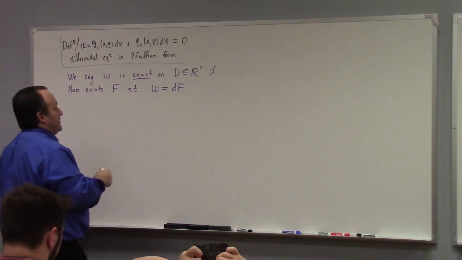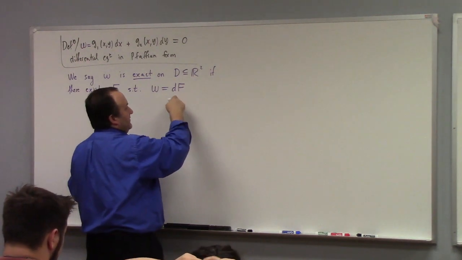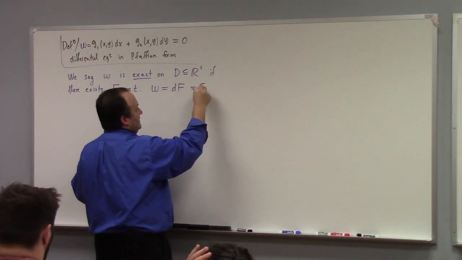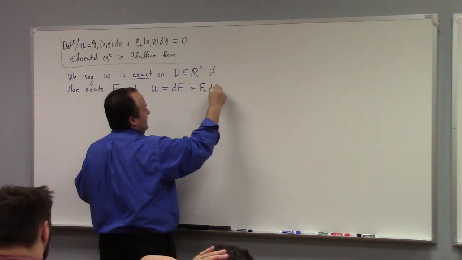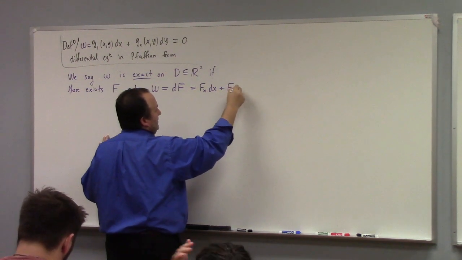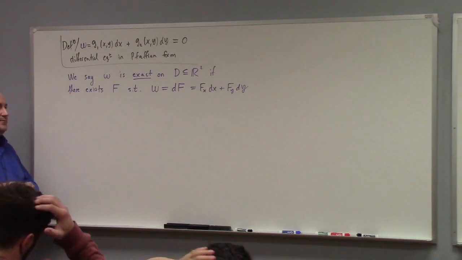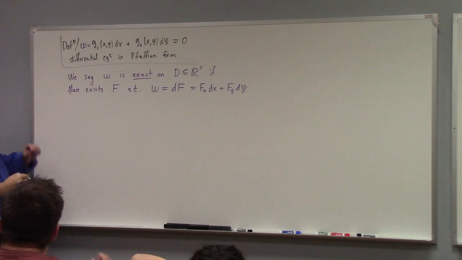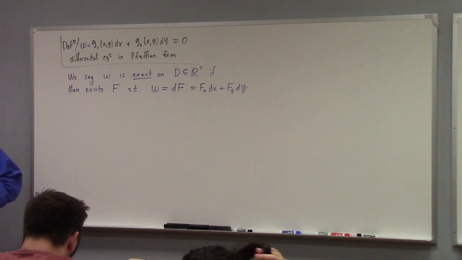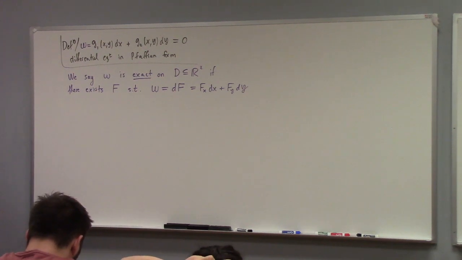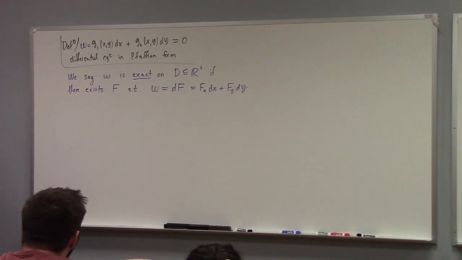So, in other words, what's df? Well, we have a definition for this, right? This is fx dx plus fy dy. Here I'm working in the plane, in 2 dimensions. Let's call this thing a differential form, right? It's a form with differentials.